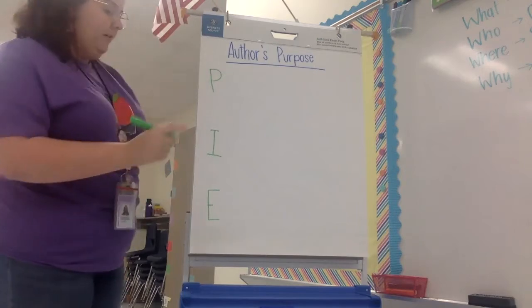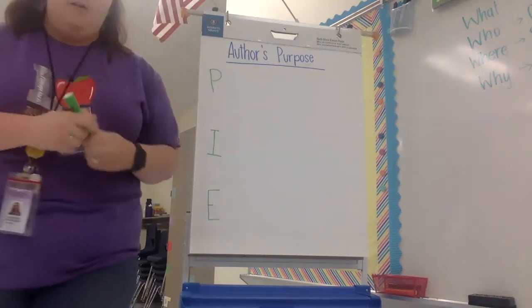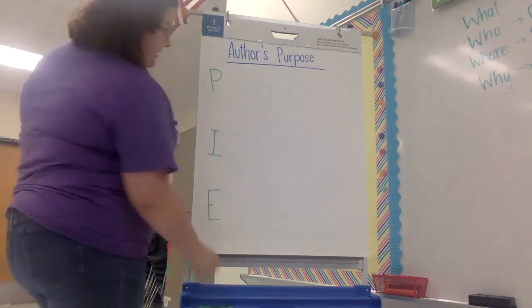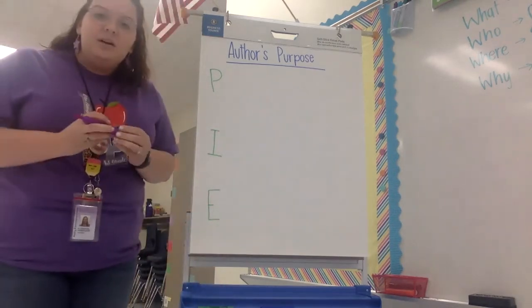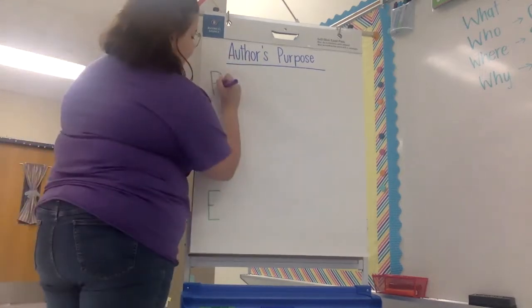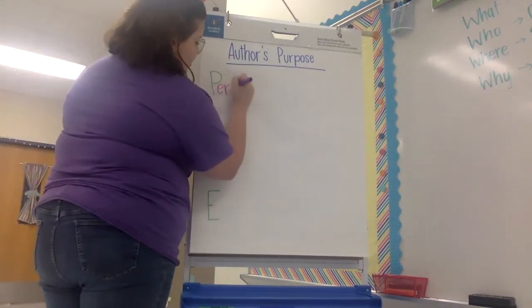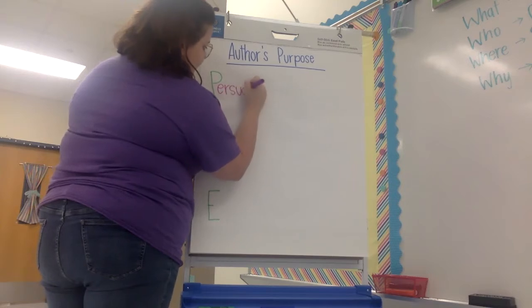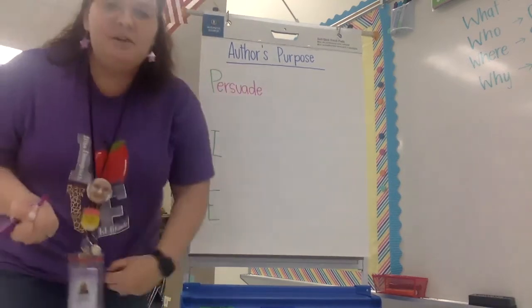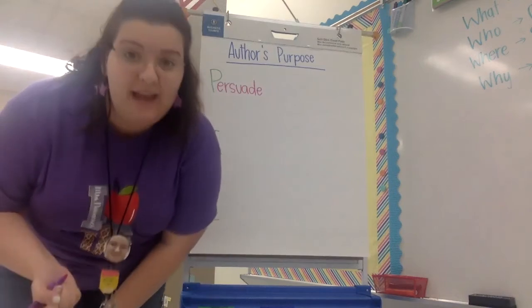So our first one, and I'm going to change my marker color. Our first word for author's purpose is persuade. Repeat after me. P is for persuade.